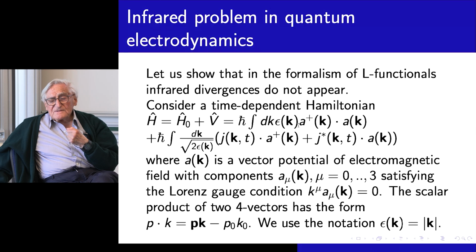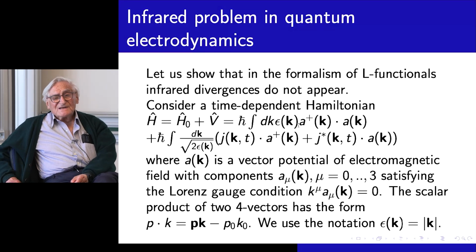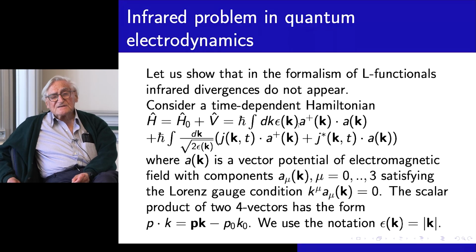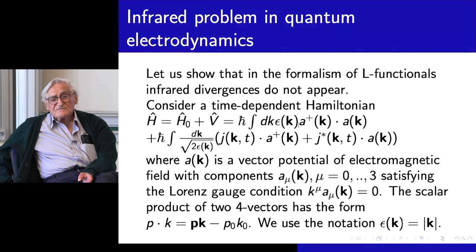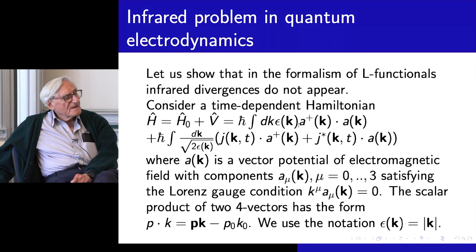Mathematically this is so, but physically, simply electrons get dressed by photons. This electron, which is dressed by photons, is described by a state which doesn't lie in Fock space. There are divergences here.